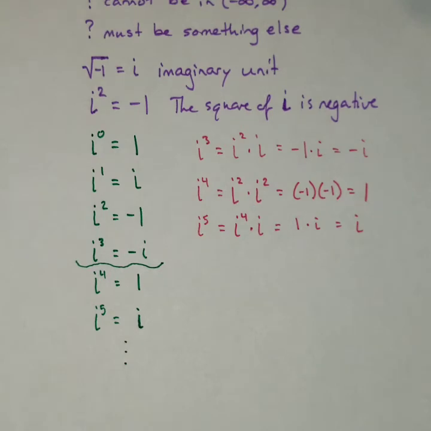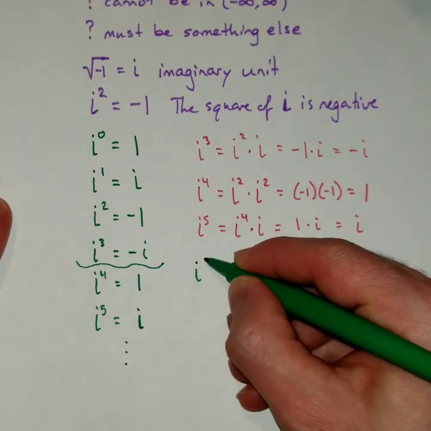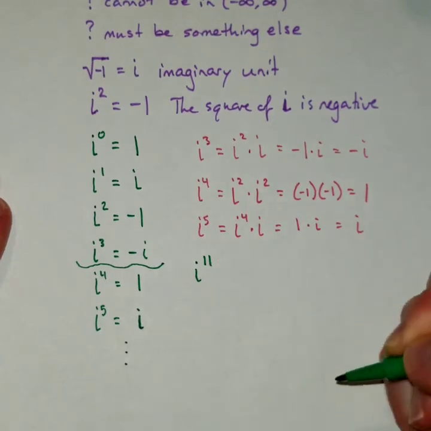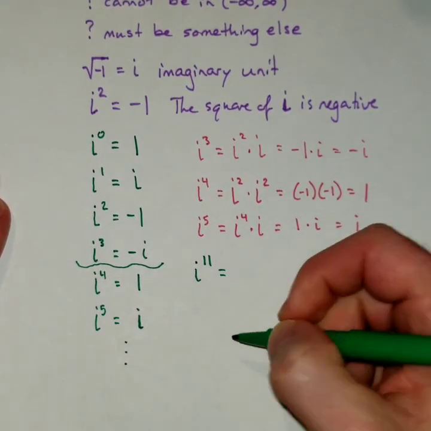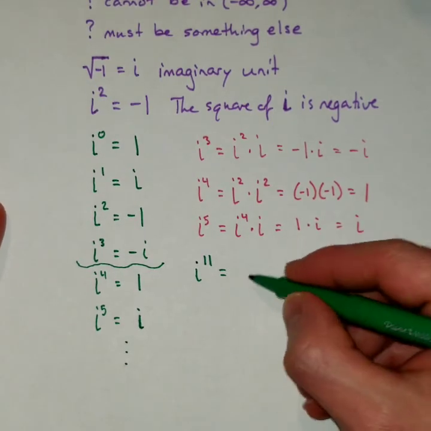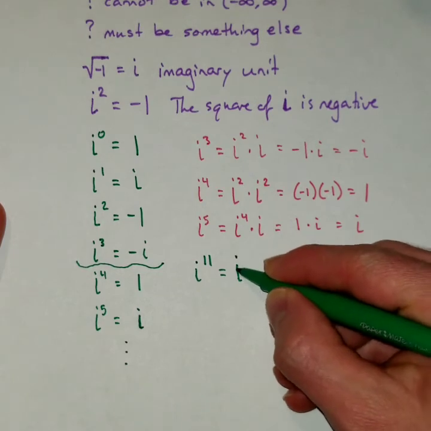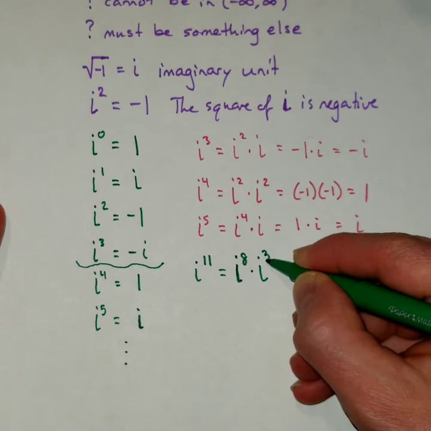So, how would you go about finding i to the, let's say, 11th power? Well, i to the 11th power is, if you take off a power of 4 that's less than it, it's like i to the 8th times i to the 3rd.